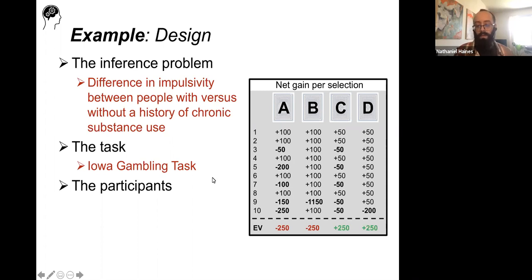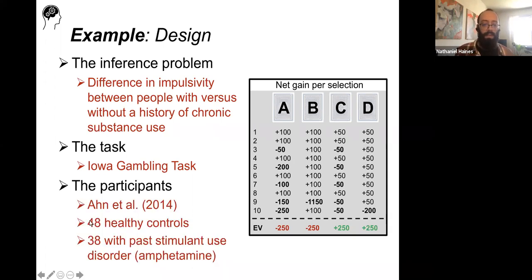So the observed data that we have in the task is whether or not you picked a good or a bad deck on each trial. And I just want to know if there's a difference between groups in your likelihood of picking a good or a bad deck.